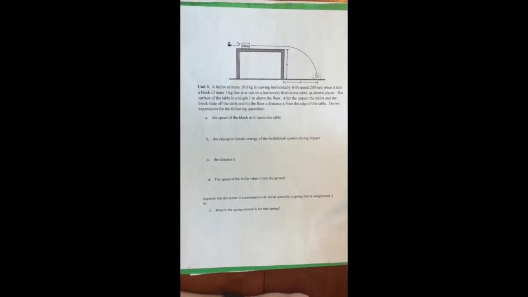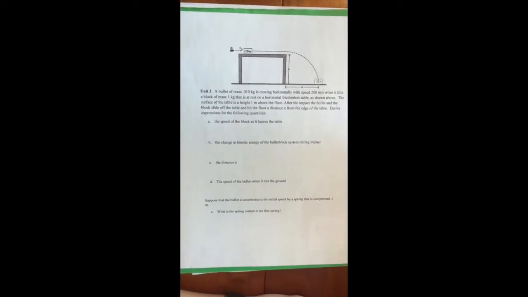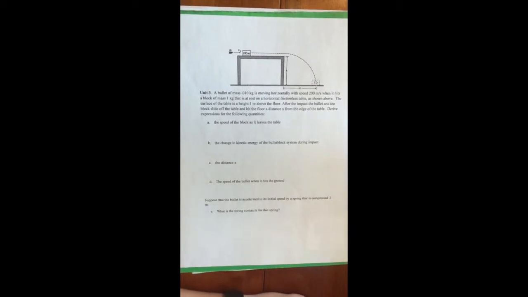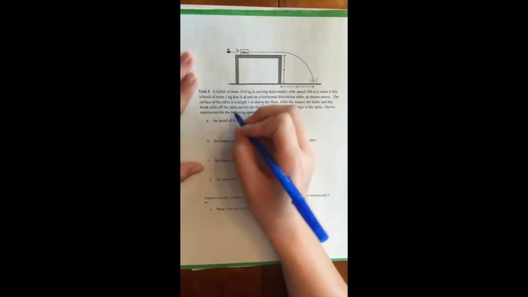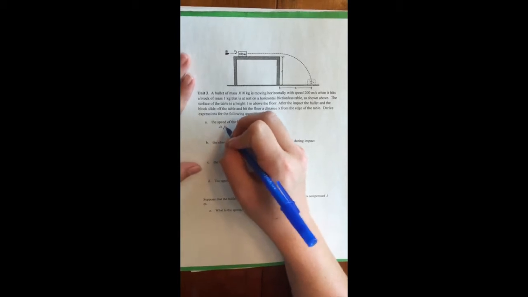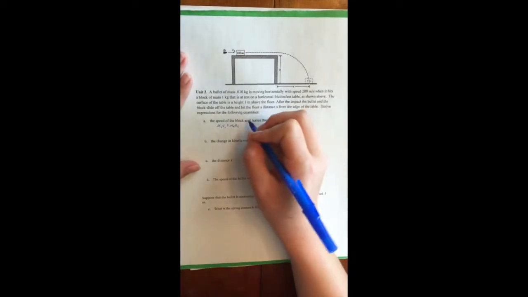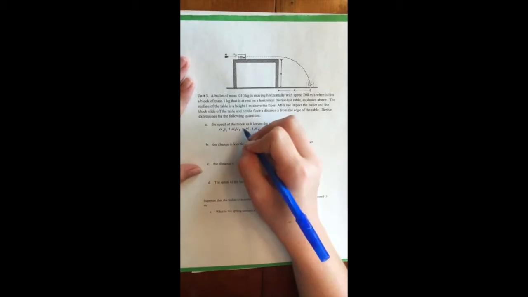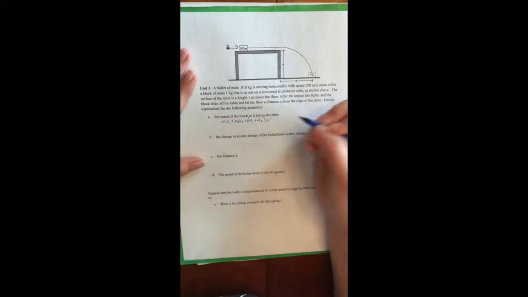Okay, so we have Unit 3, which is conservation of energy and momentum. Here's our problem. First we need to find the speed, and we can use the formula m1v1 plus m2v2 equals (m1 plus m2) v prime.